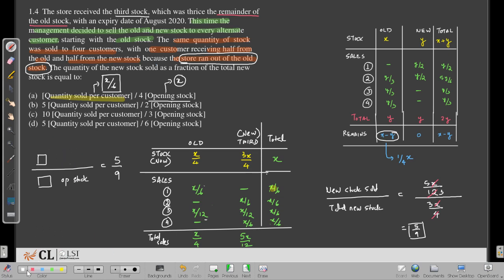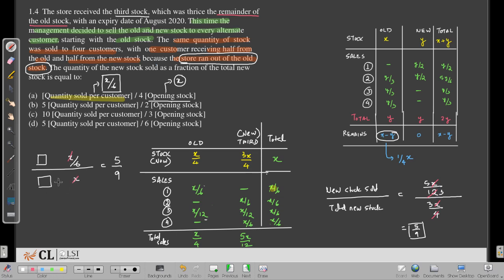Let's put that value there, and hopefully this works. If it doesn't work, I can't help it. And the opening stock in this case is x.